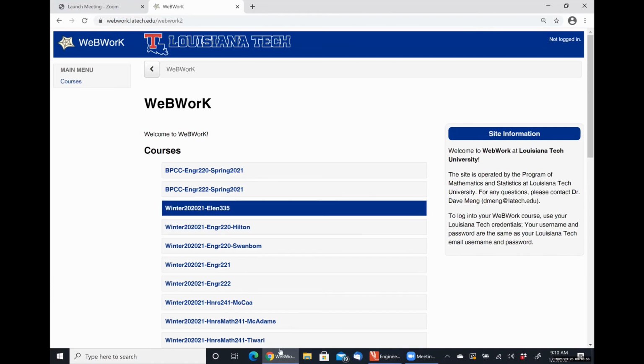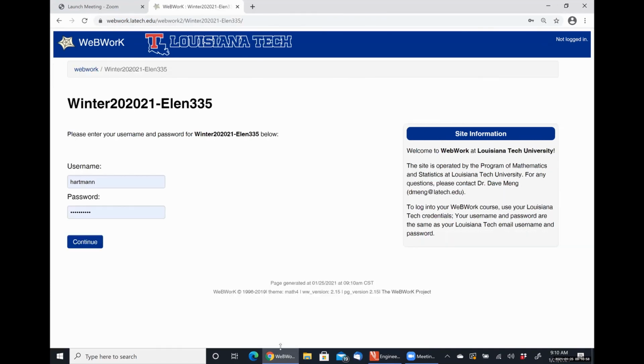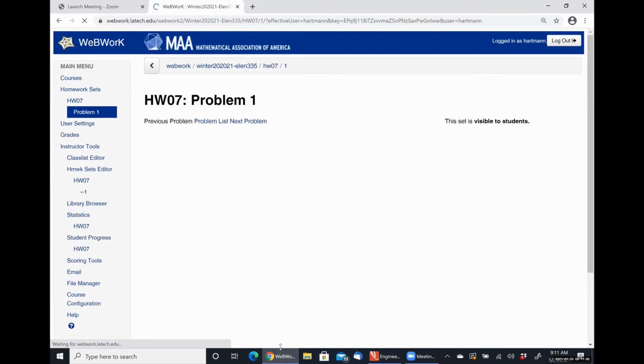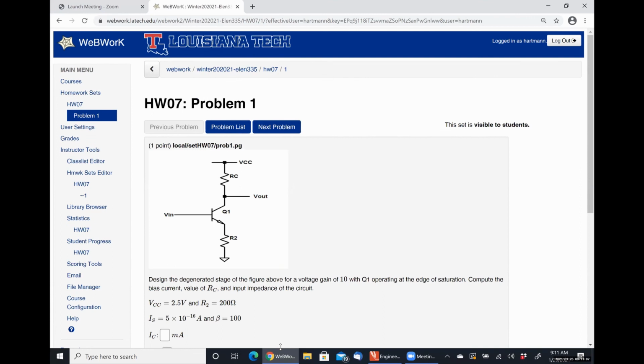Homework 7, problem 1. This is the only one on a common emitter amplifier. We did not cover technically how to analyze this particular biasing scheme because we made it harder and put other resistors in.